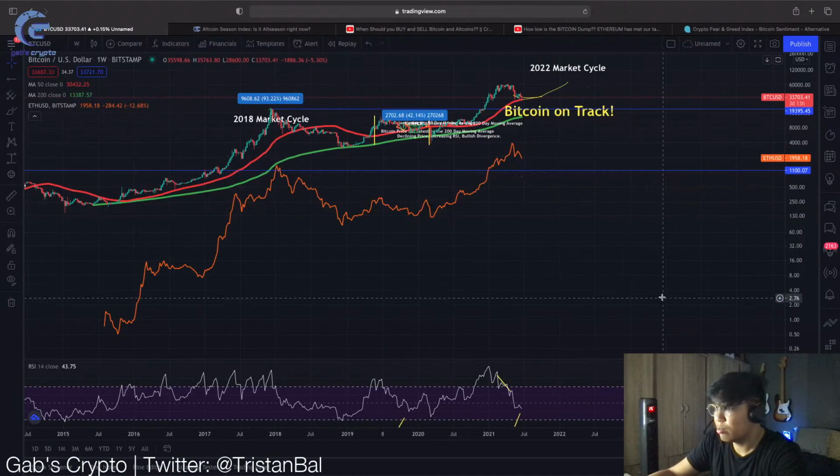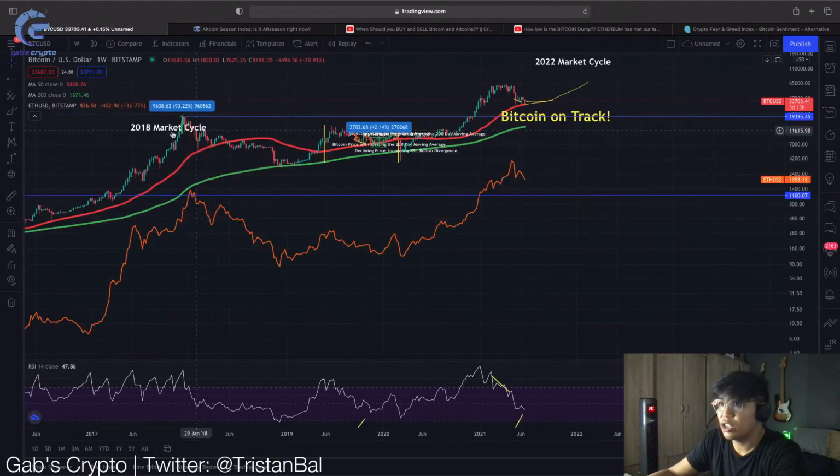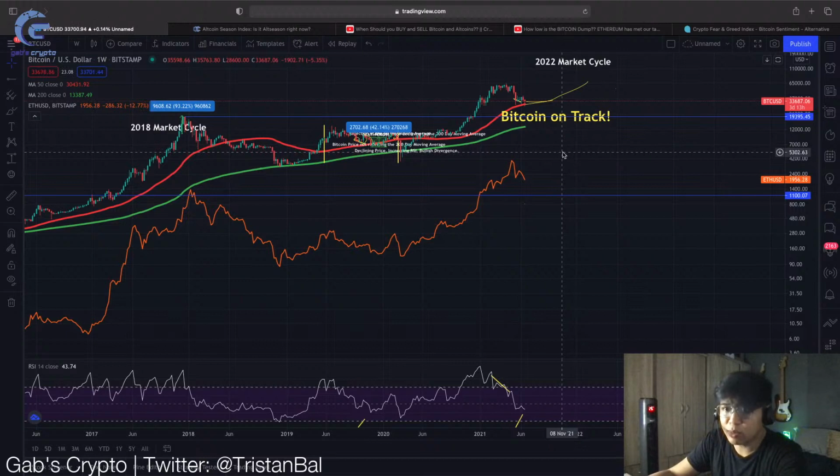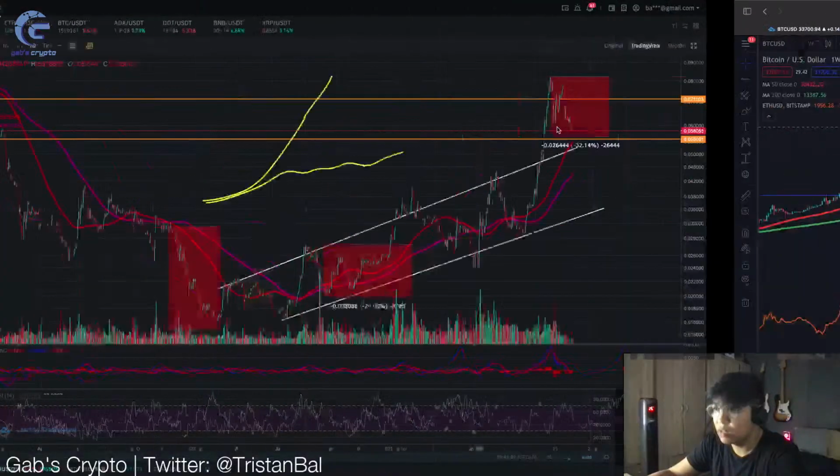Following this trend, we could actually see an Ethereum price of around 10,000 US dollars, around 7,000 up until 20,000 US dollars in this market cycle. So yeah, 5,000 would be the minimum market cycle top for Ethereum, 5,000 US dollars, and 20,000 would be the maximum.